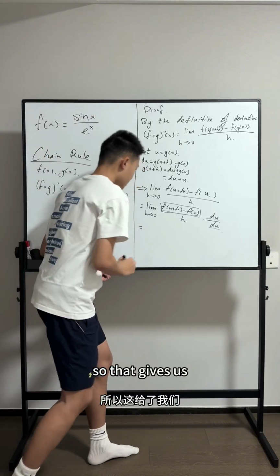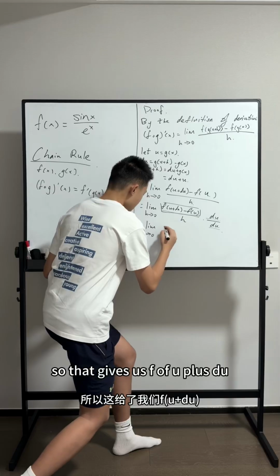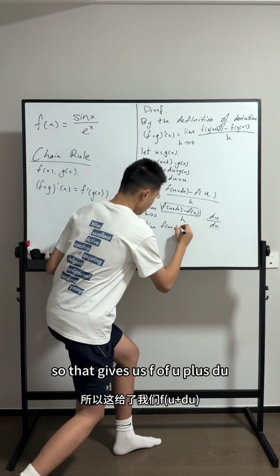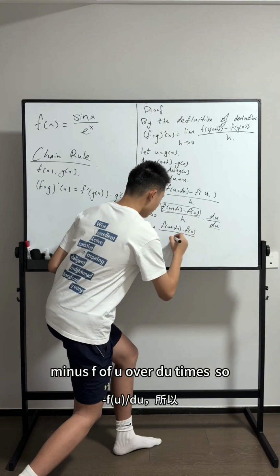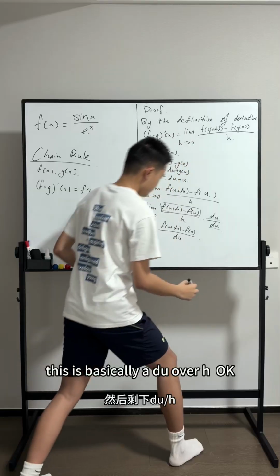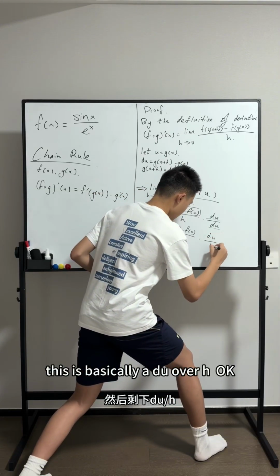So that gives us, let's change this limit slightly, f of u plus du minus f of u over du times, so this is basically a du over h, okay?